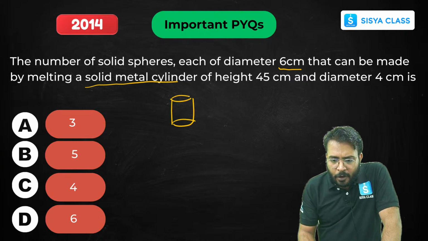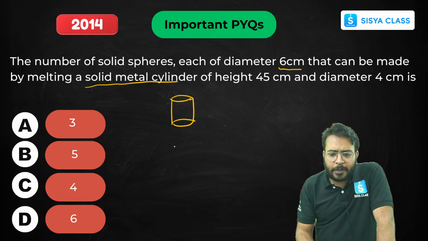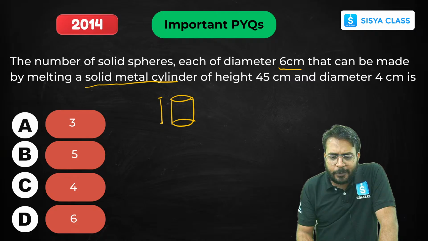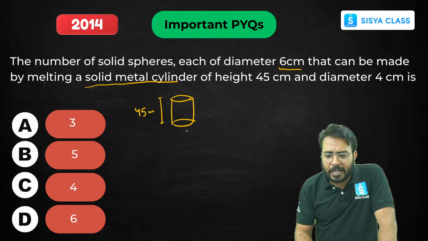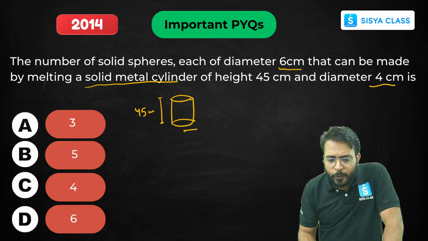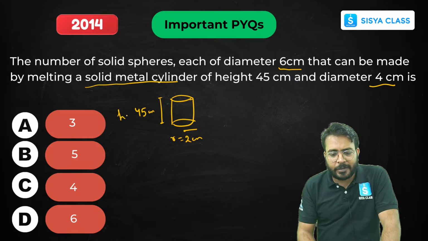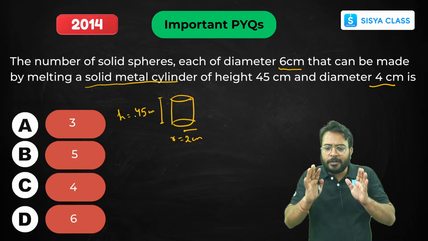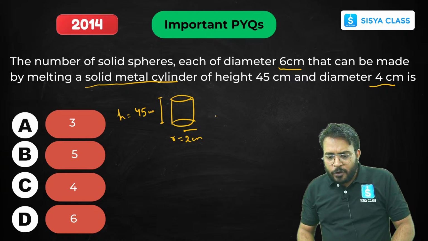Any specification has been given? Yes. The height of your cylinder is given as 45 centimeter, all right. What is the diameter of your cylinder given? The diameter they have given is 4 centimeter. That means the radius is going to be 2 centimeter, yes or no? And this is my height. This is the height of your cylinder that has been given in the question. Now what you are doing? You are melting it.